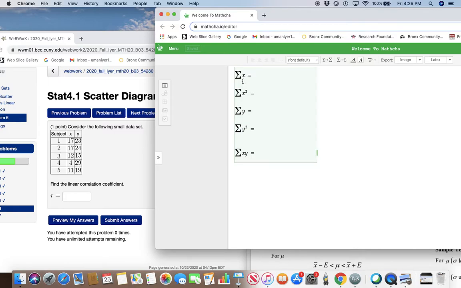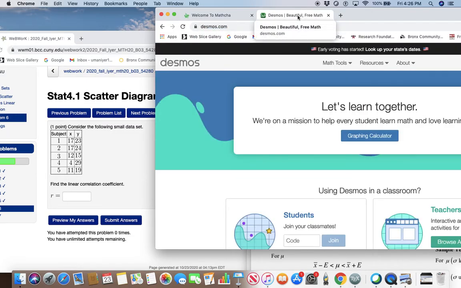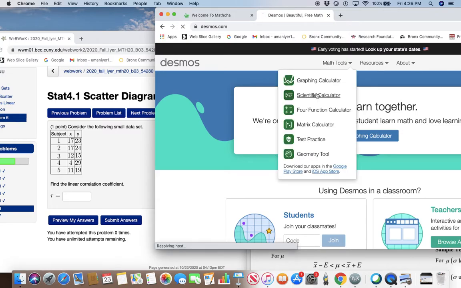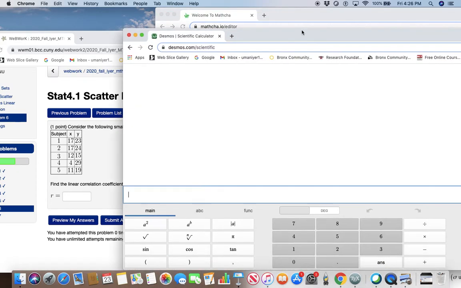Summation x, what does that mean? Add all the x's together. We will use our calculator to find these values. First add all the x values: 17 plus 17 plus 12 plus 4 plus 11.